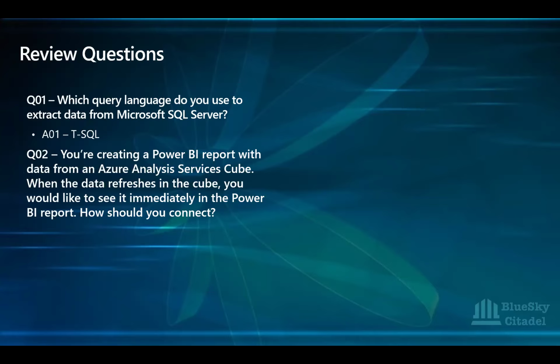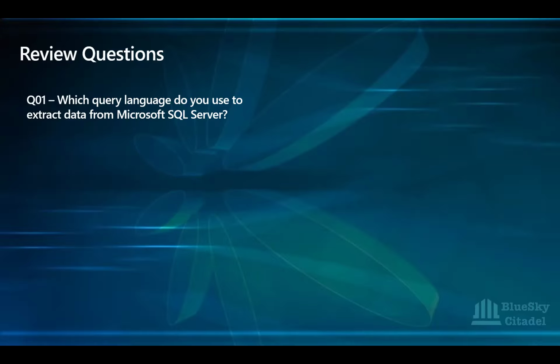Question 2. You are creating a Power BI report with data from an Azure Analysis Services cube. When the data refreshes in the cube, you would like to see it immediately in the Power BI report. How should you connect? Okay. I think I omitted that part. Let me go and locate it.